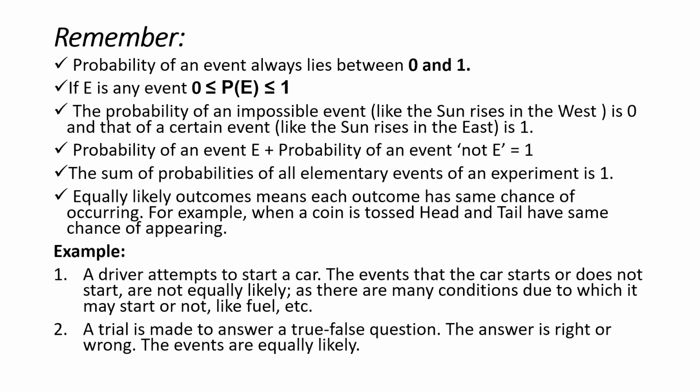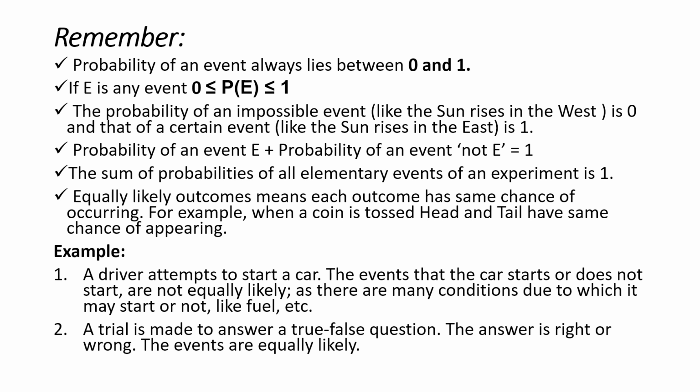Elementary events means the elementary singleton outcomes. Suppose I toss a coin, there are 2 outcomes. The sum of the probability of both outcomes is 1. The probability of occurrence of head is 1 upon 2, and the occurrence of tail is again 1 upon 2, and the sum of the probability is 1.